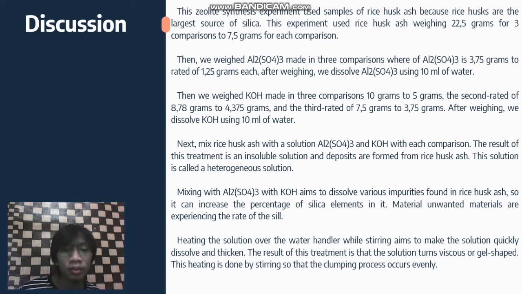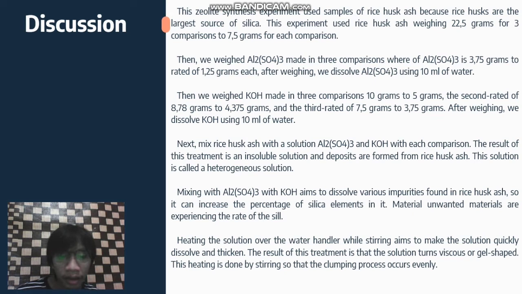Mixing aluminum sulfate with KOH aims to dissolve various impurities found in rice husk ash so it can increase the percentage of silica in it. Unwanted materials are removed.